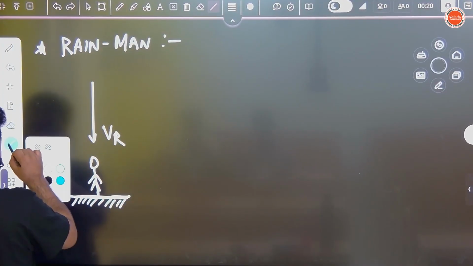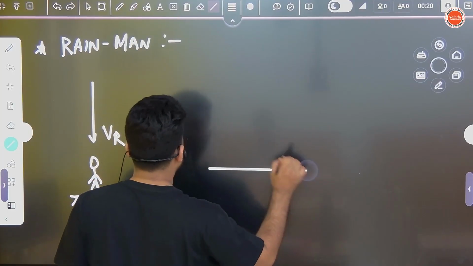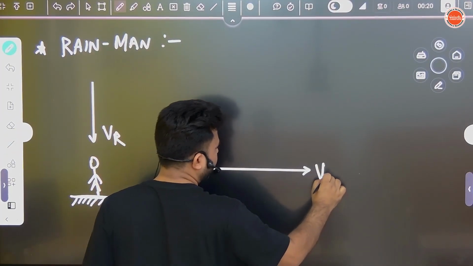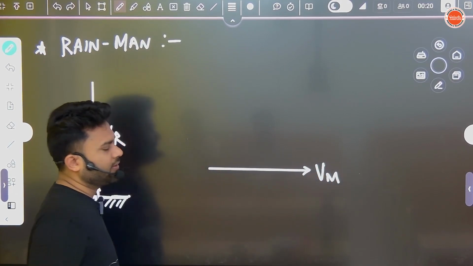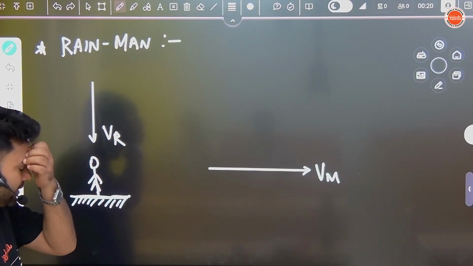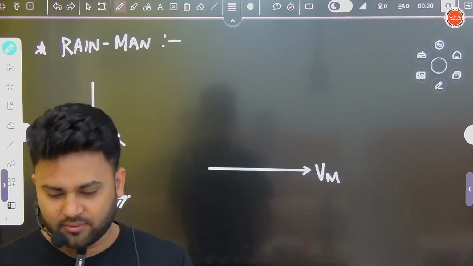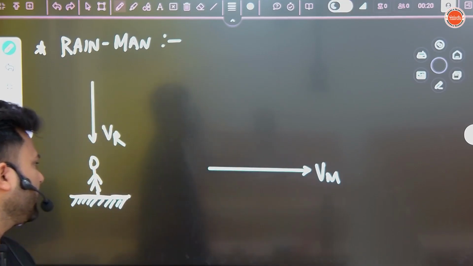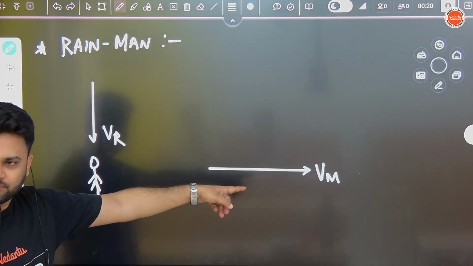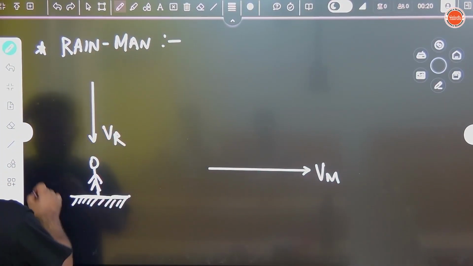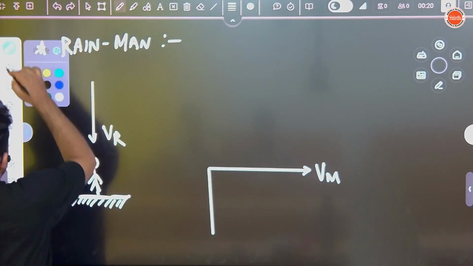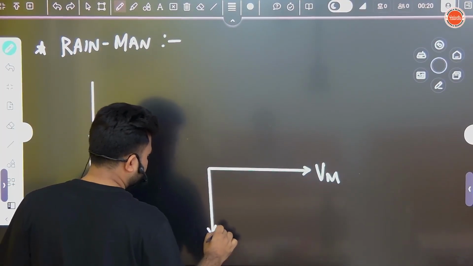So when you start running, suppose you start running in this direction, this is the velocity of man. What was the velocity of rain? Velocity of the rain was in downward direction. This was the velocity of rain.